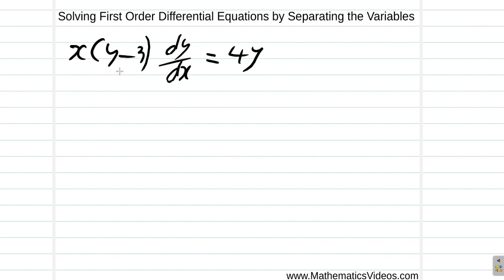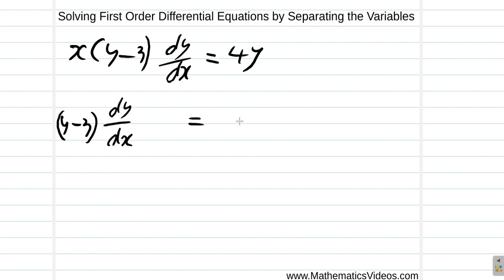If you divide by y minus 3, you're going to get x dy. No, don't divide by y minus 3. Divide by x, I should say. If you divide by x, you get y minus 3. X would cancel itself on the left.